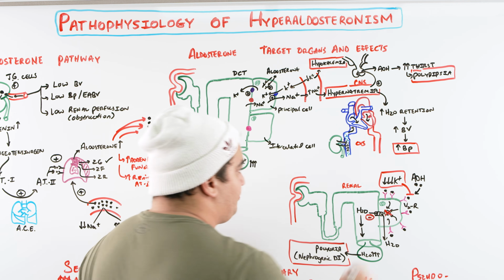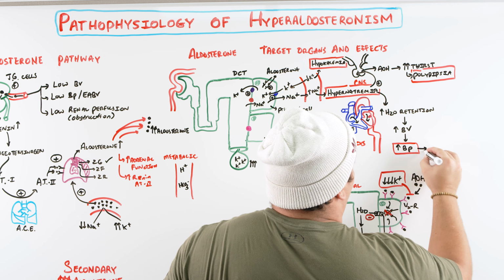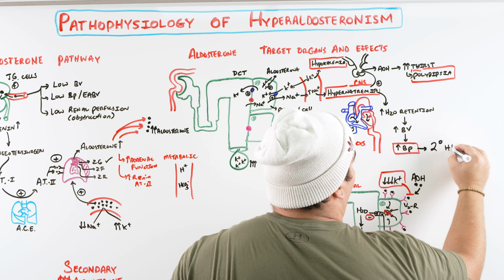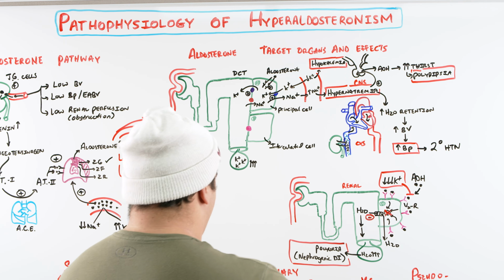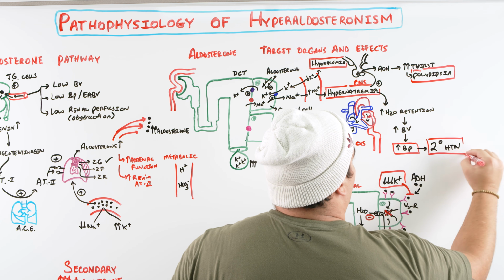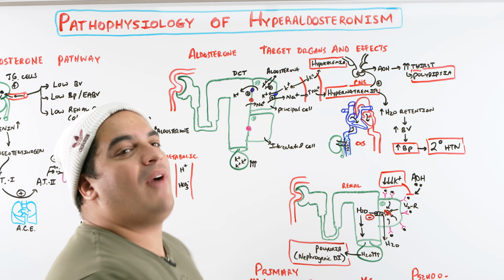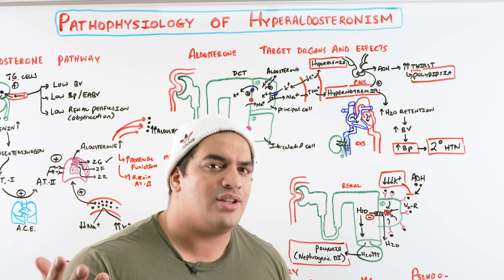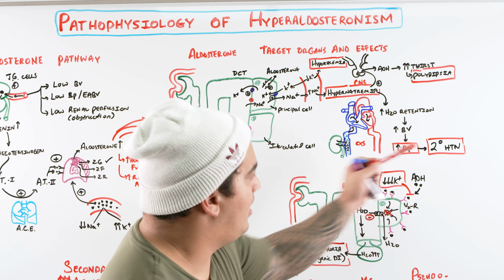You want to know why? Because this increase in blood pressure is actually sometimes seen as secondary hypertension. It's a cause of secondary hypertension. In other words, this may be a patient who has high blood pressure that's refractory to multiple antihypertensives. What was the other disease that caused this? Cushing's. This is another big thing.